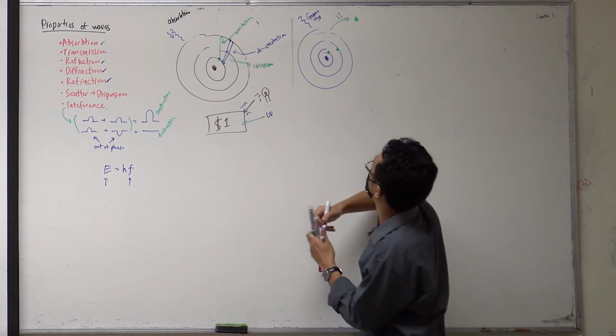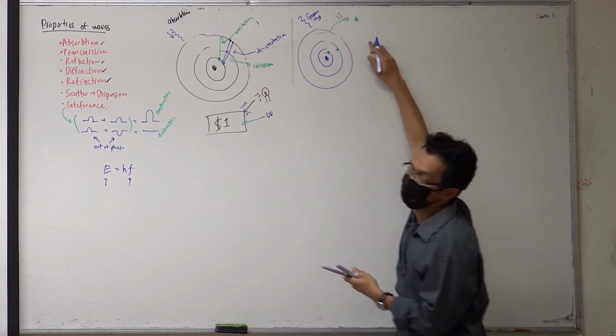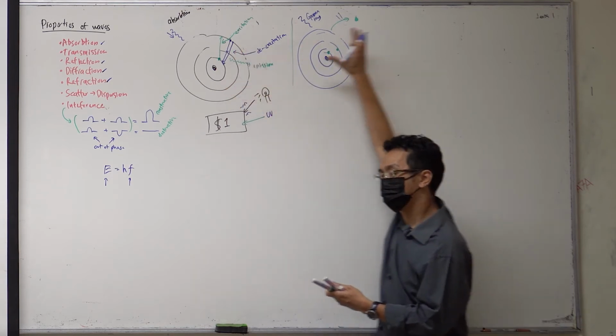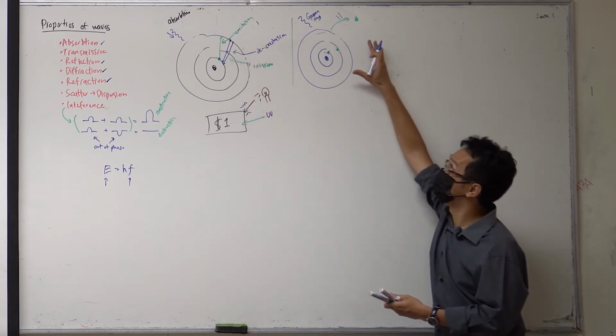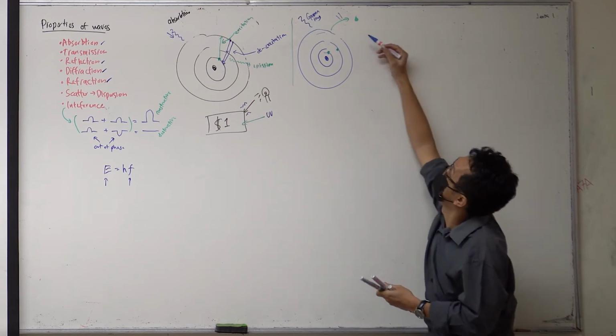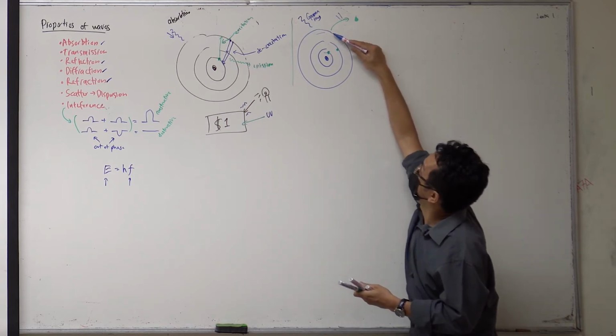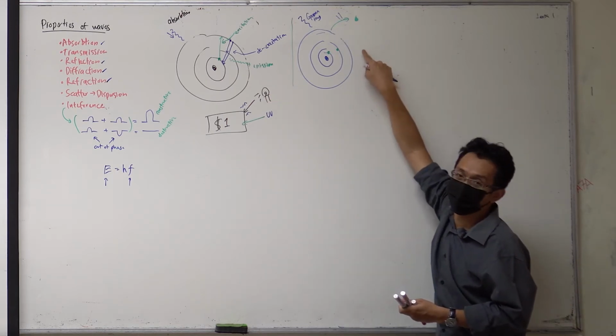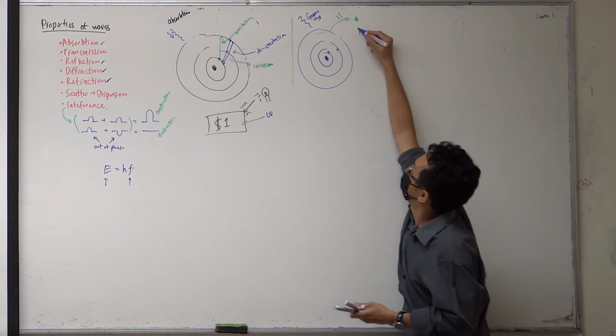So what do we call this? Here the electron is still maintained in the atom. But here it is too much, to the point that the electron receives the energy and is kicked out from the atom. What do we call this?